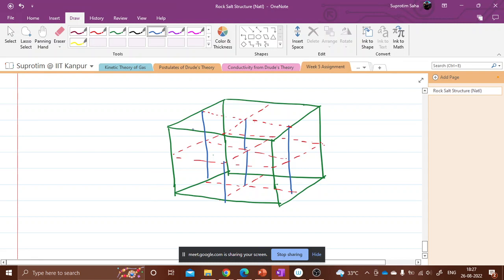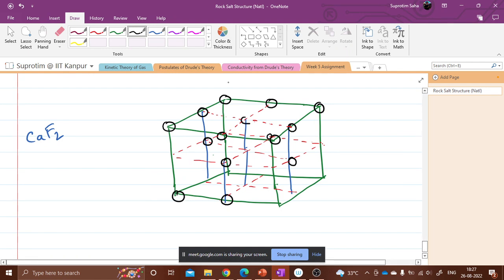So 8 cubes. For CaF2, calcium fluoride, the fluorine anions will sit in those places like this, this, this. So there are two sets of FCC, the interpenetrating lattices. Okay, so also at the faces, right?